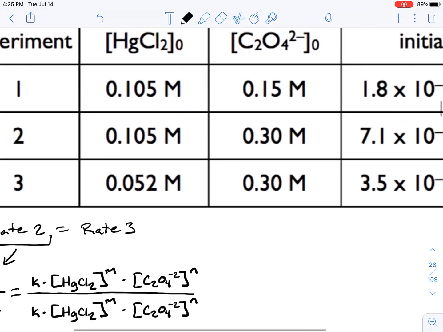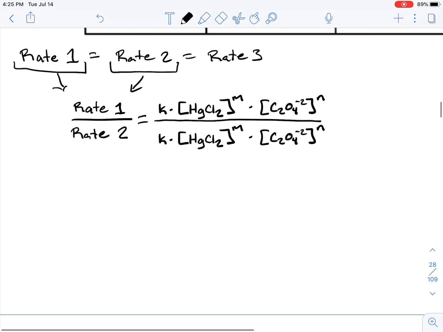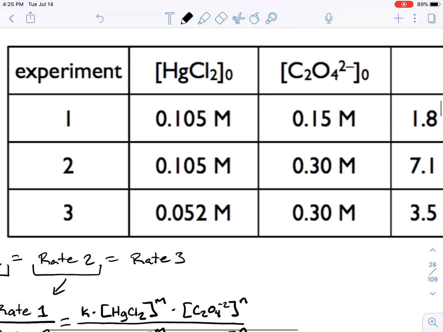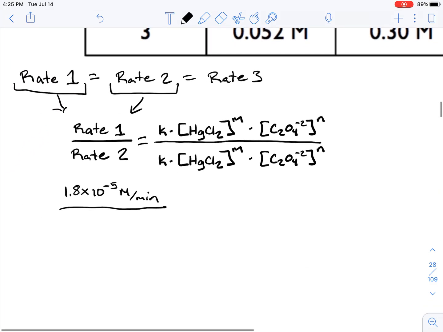Okay, and so the initial rate of 1 is 1.8 times 10 to the negative 5 molarity per minute. And for experiment 2, that's 7.1 times 10 to the negative 5 molarity per minute.